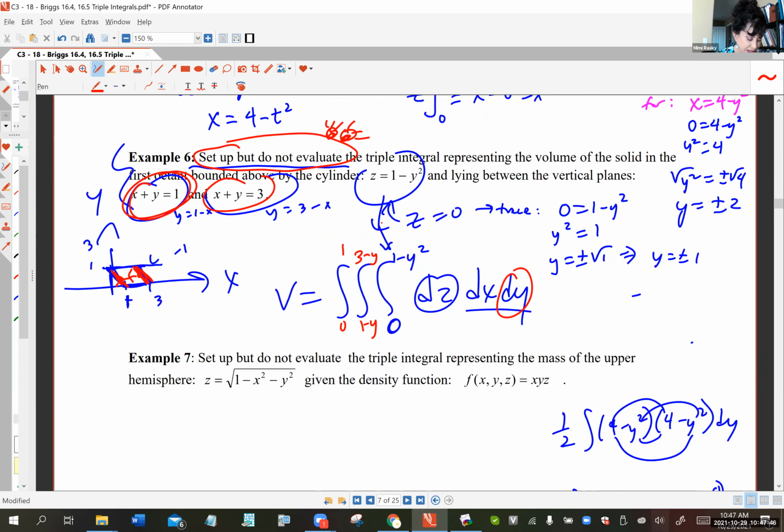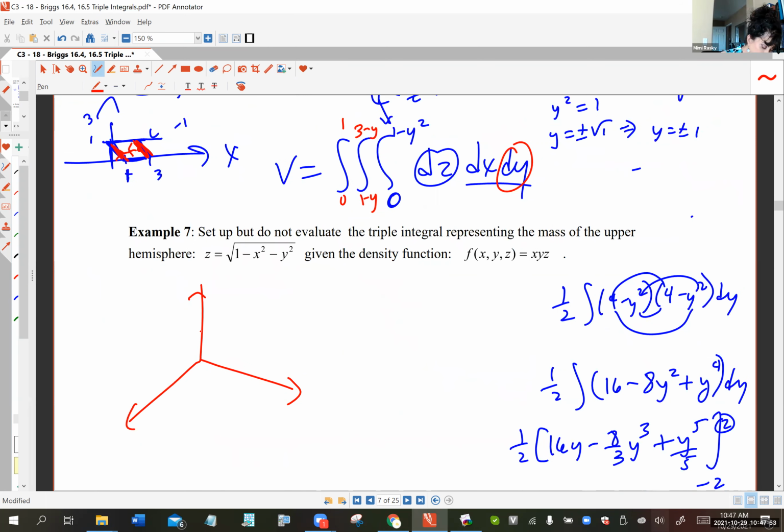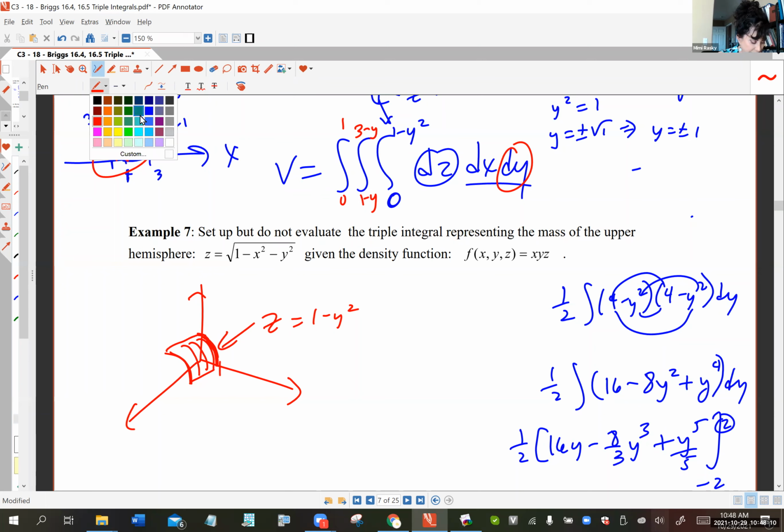So what would the solid look like? This is a little bit tricky, but when you graph just the portion of z = 1 - y², it looks like this curvy thing here. I'm just looking in the first octant, and it's hovering over this base. I'm going to try to draw that base in 3D.